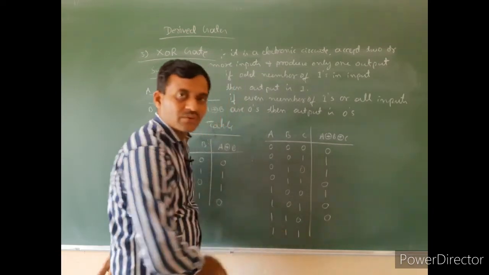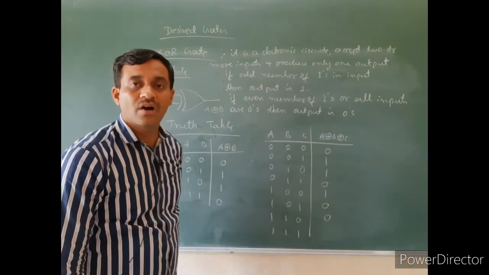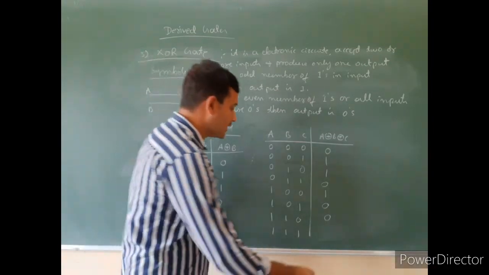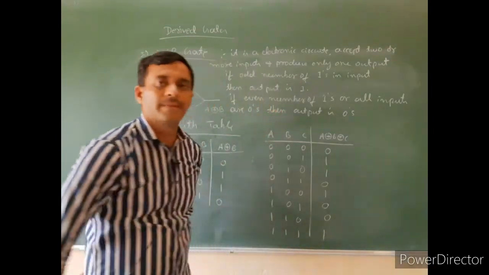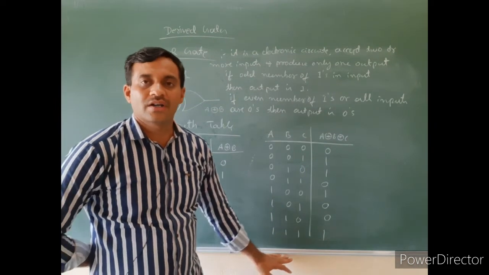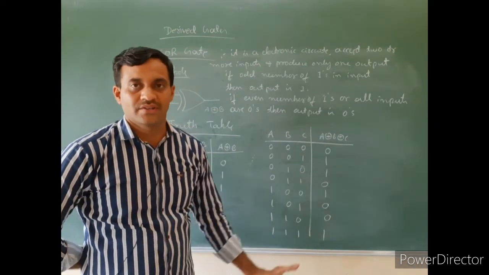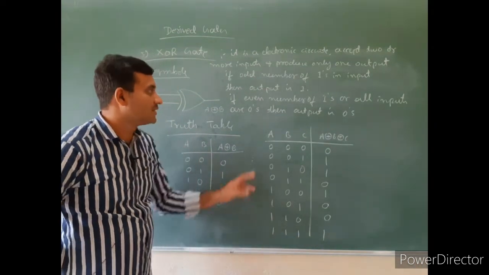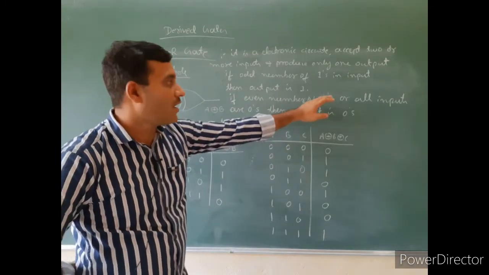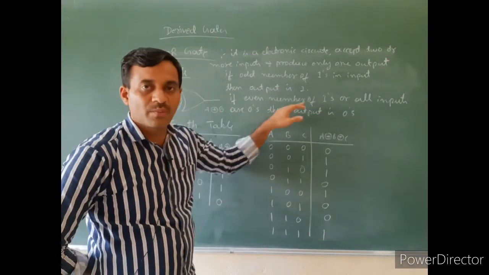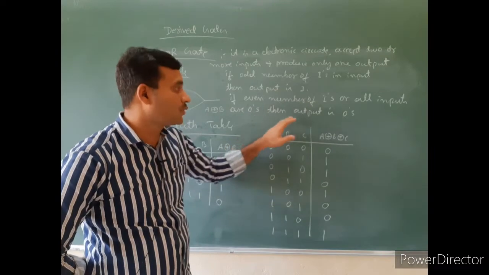Then if all the inputs are 1, which is an odd number of ones, then output is 1. For the odd number of ones, the output is 1. So this is the truth table. Even number of ones or all inputs 0, then output is 0.